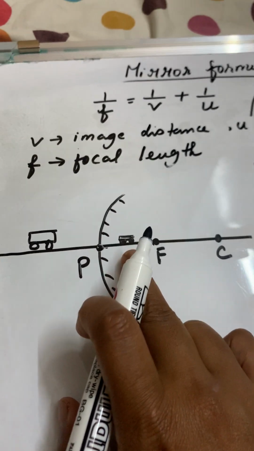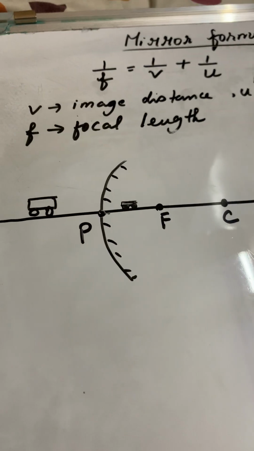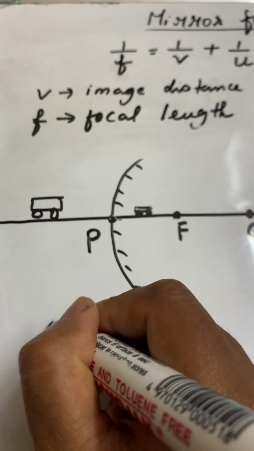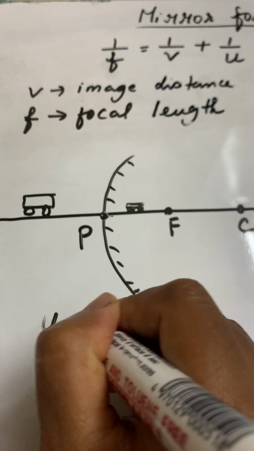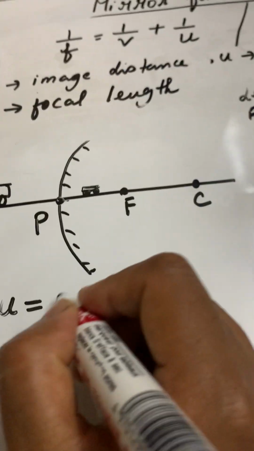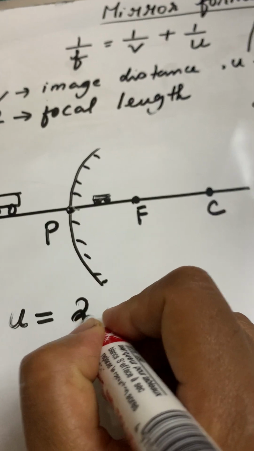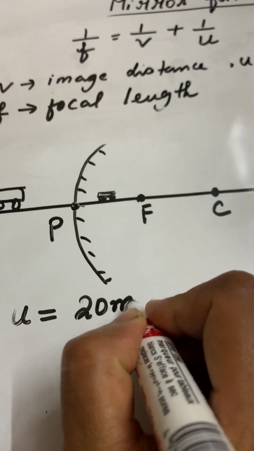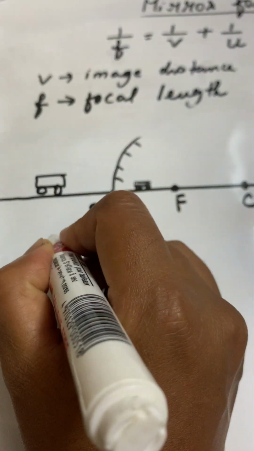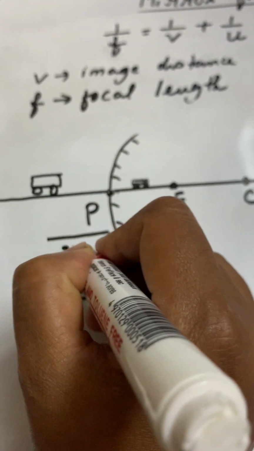All right, now let's say some parameters are given in your question. Let's say U is 20 meter away, which means the truck is 20 meter away.